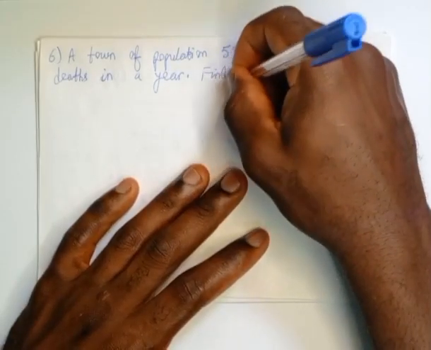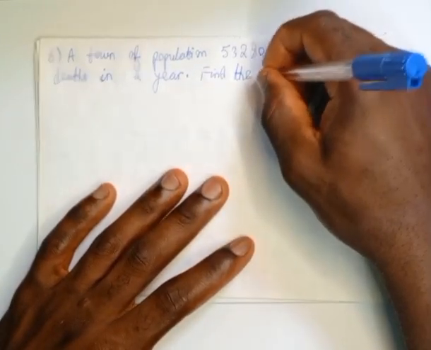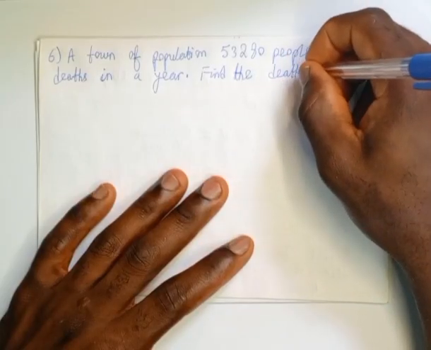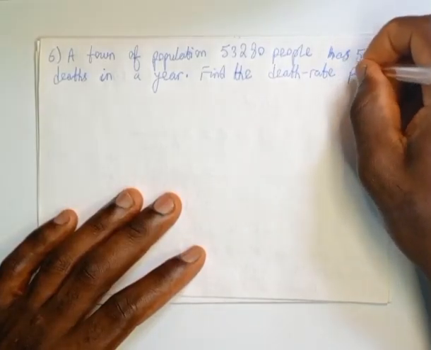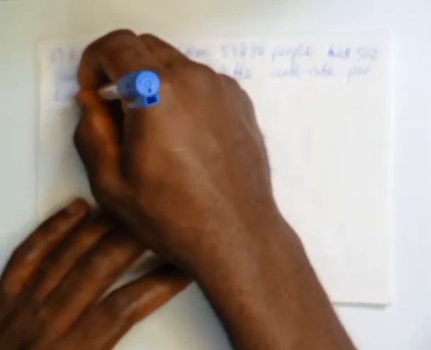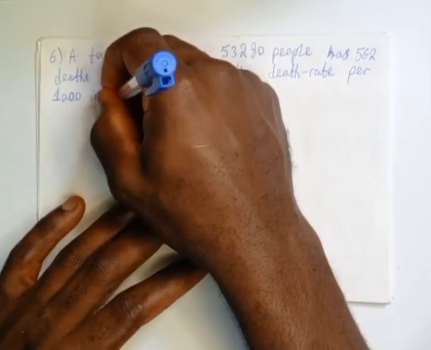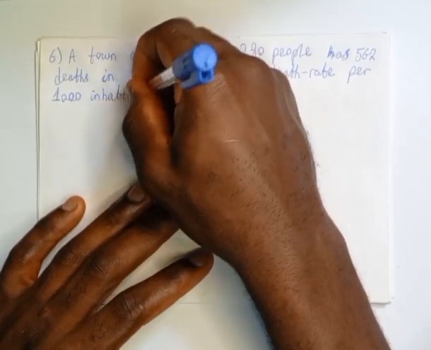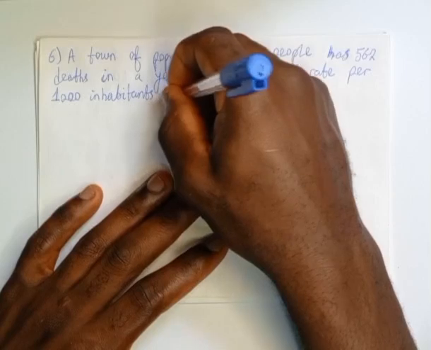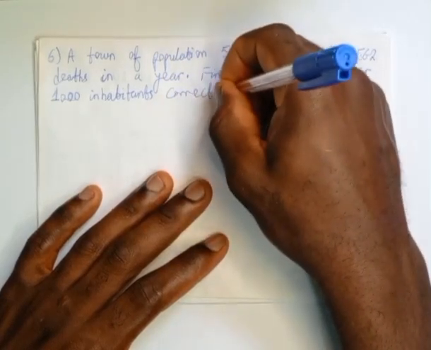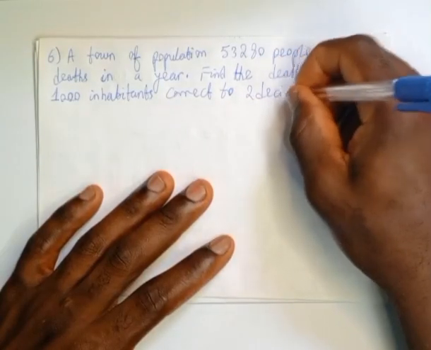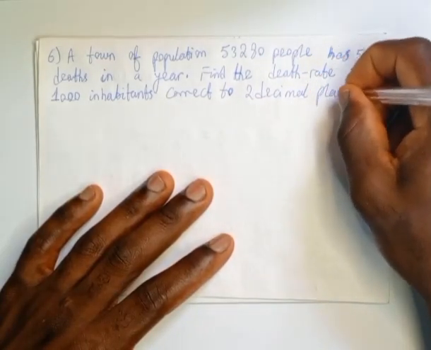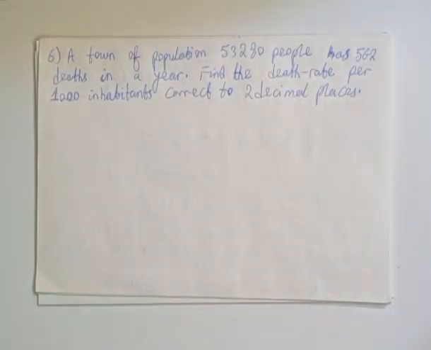Find the death rate per 1,000 inhabitants, correct to 2 decimal places. These are the exercises for application on grades.